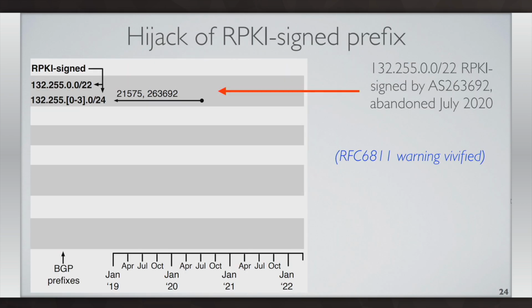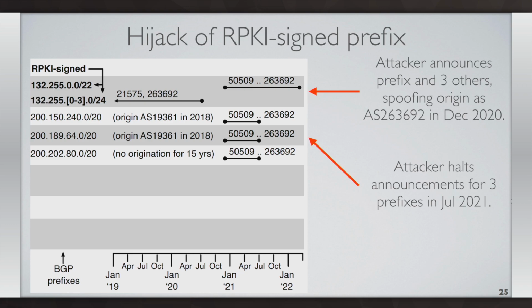So here's the hijack of the RPKI-signed prefix that RFC 6811 warned us about. In the beginning, till July 2020, we see AS 263692 advertise this prefix. In July of 2020, it stopped. And then AS 50509 started announcing this prefix along with 3 others in December of 2020.